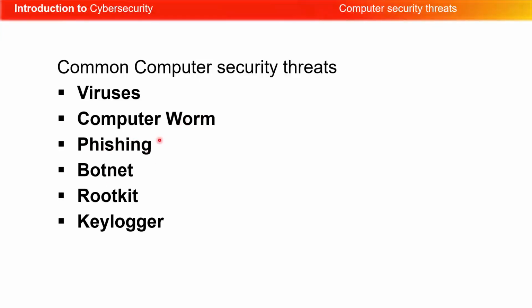Phishing, again, is fraud that causes you to think something is legitimate and tricks you into giving confidential information such as bank account numbers or credit card numbers. A botnet is made of small programs that run on your computer. They are hidden as well, and they can do things like send out email on behalf of somebody else.